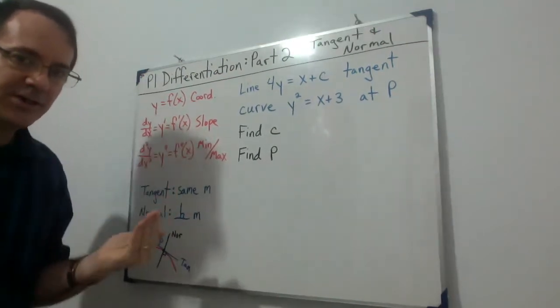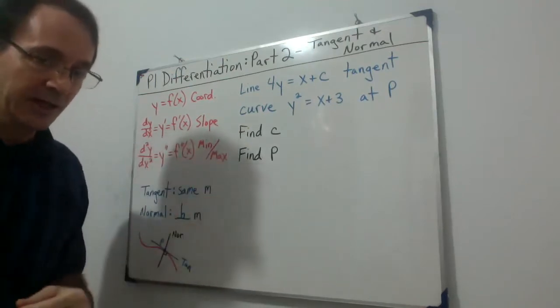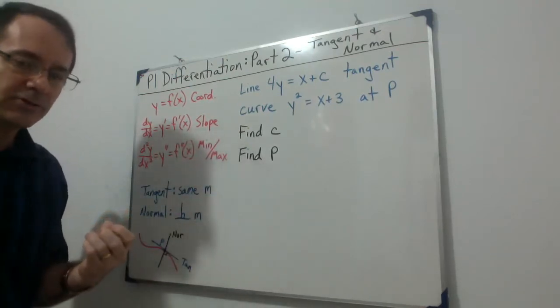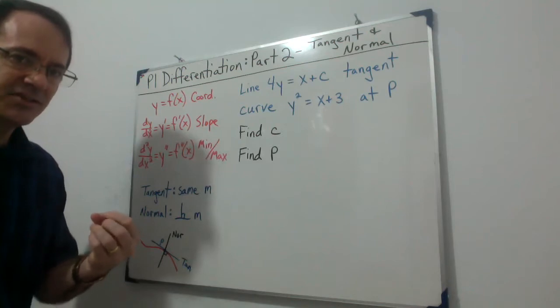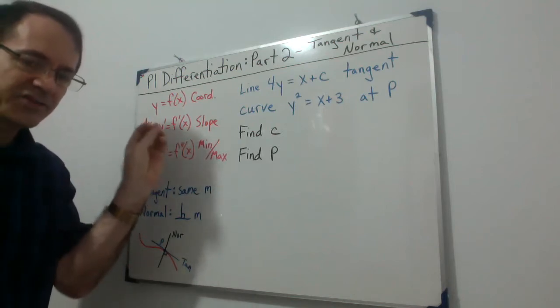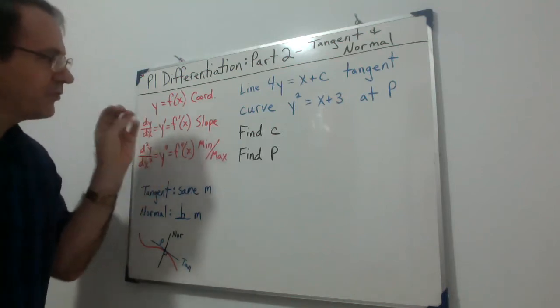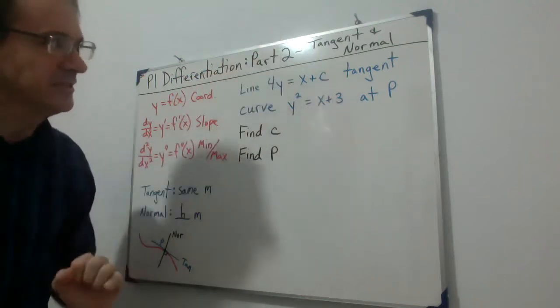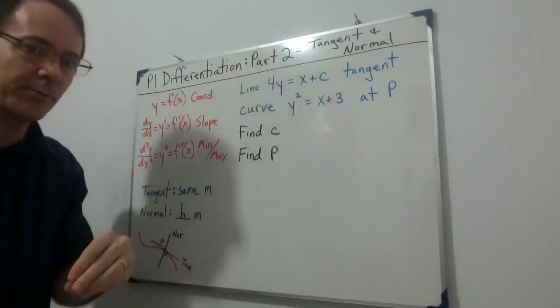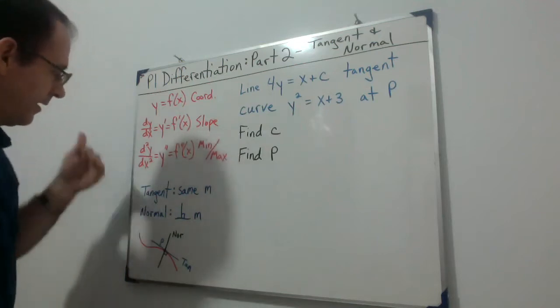This video and the next two videos are all going to be about different applications of the concept of slope. This particular one focuses on tangent and normal, which we'll get to in a minute.